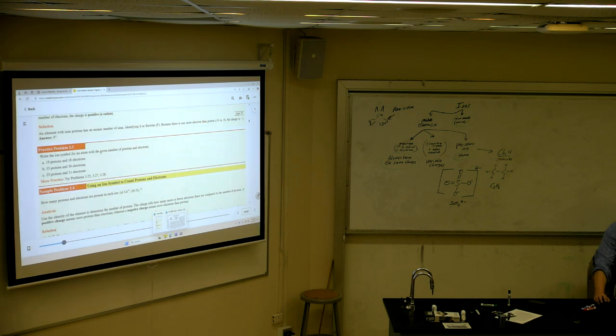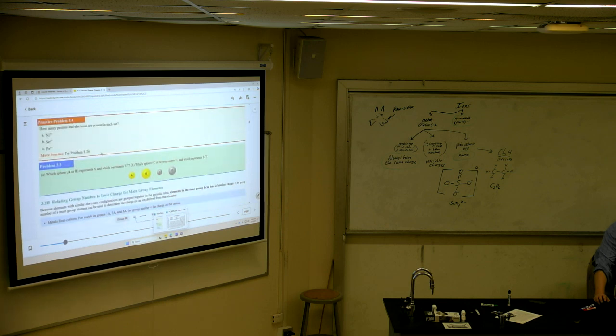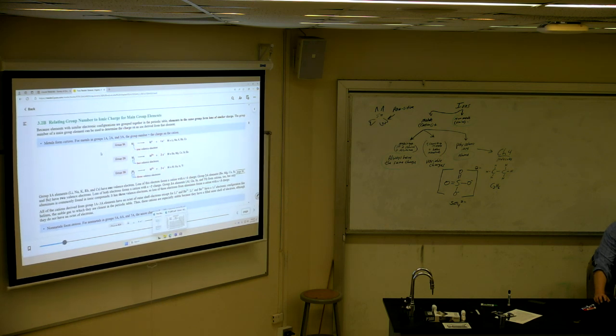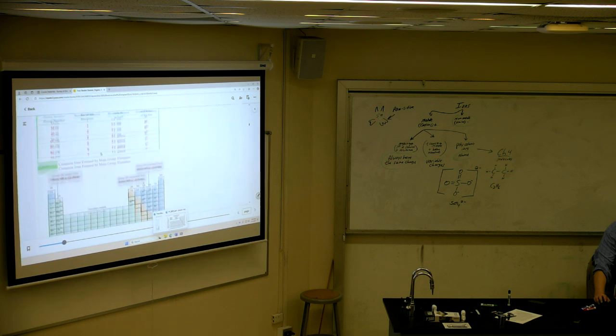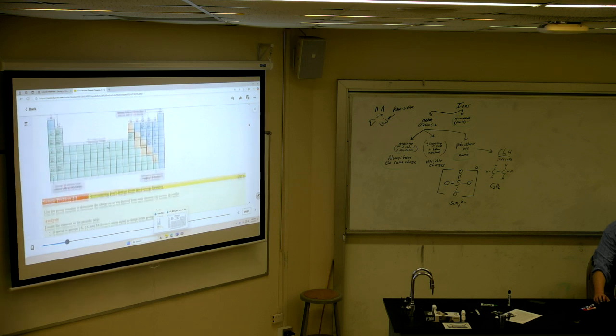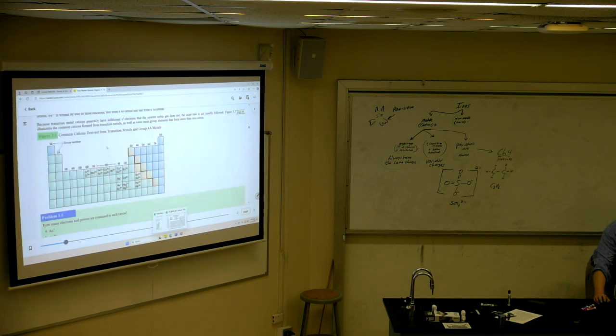Metals. Group number, ionic charge, I talked about that. I told you this, these are all positive 1, these are all positive 2, this one's positive 3, and then those negative ones. It's a good diagram of what I just said, and this is sort of diagramming the fact that you get more than one charge.